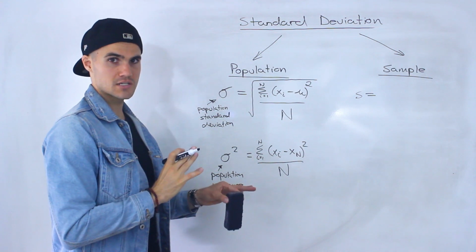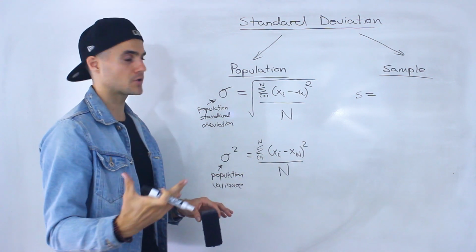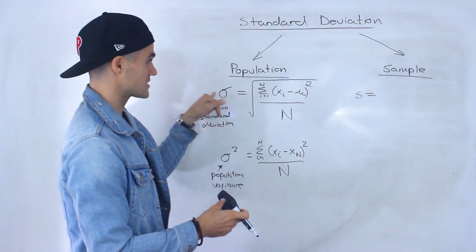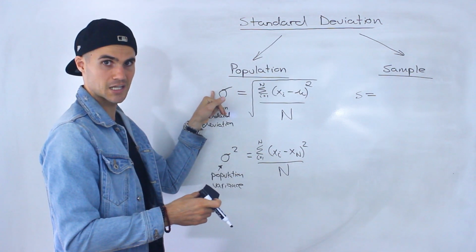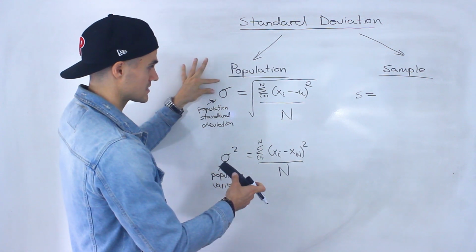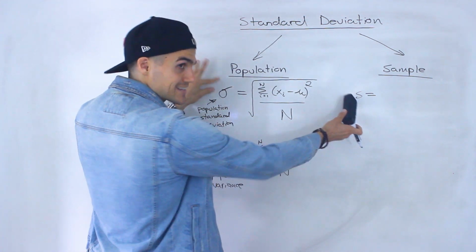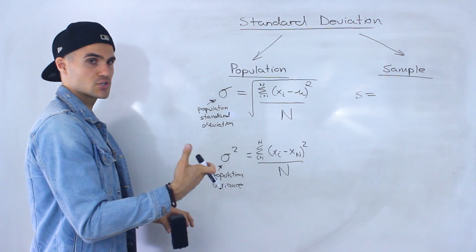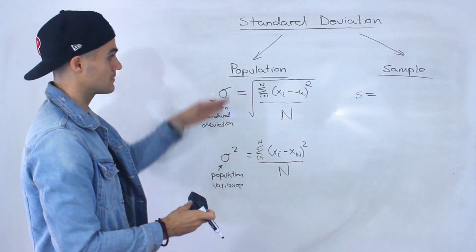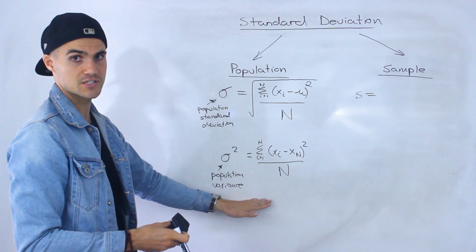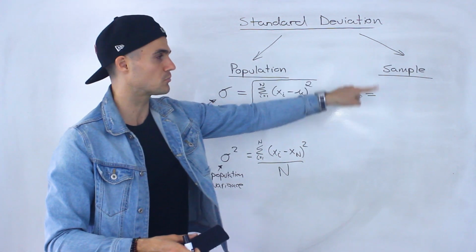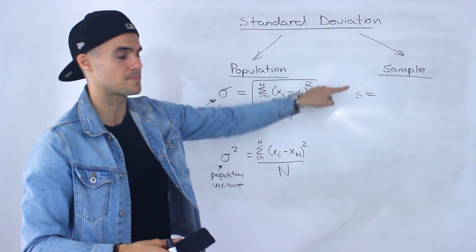You may have to adjust according to whatever textbook you're using, and sometimes profs will just let the sample standard deviation be represented with sigma. Most cases, sigma is population, S is for the sample. But make sure you're adjusting accordingly to your teacher or prof. Some profs, some textbooks don't even talk about the population standard deviation. I've seen that. They'll just talk about the sample standard deviation. It's usually the more popular one that's used in courses.